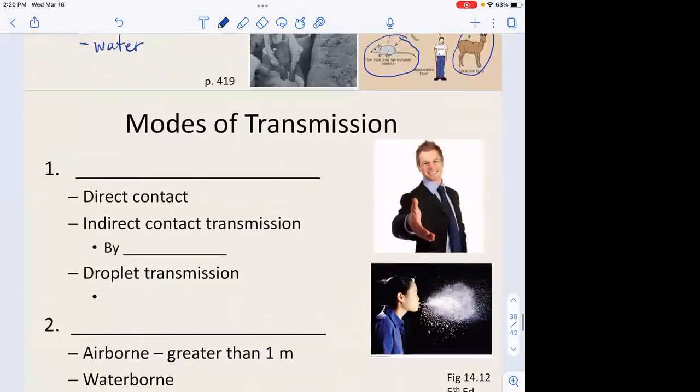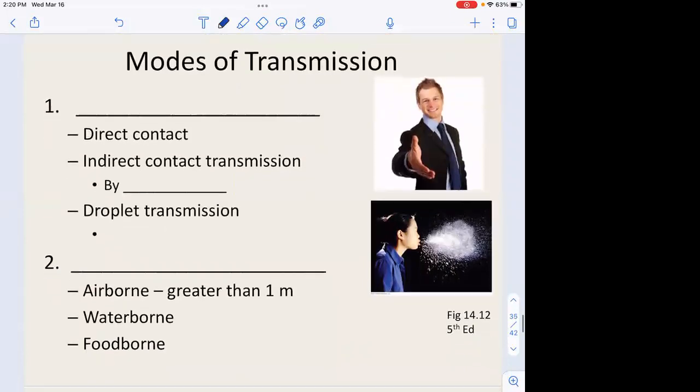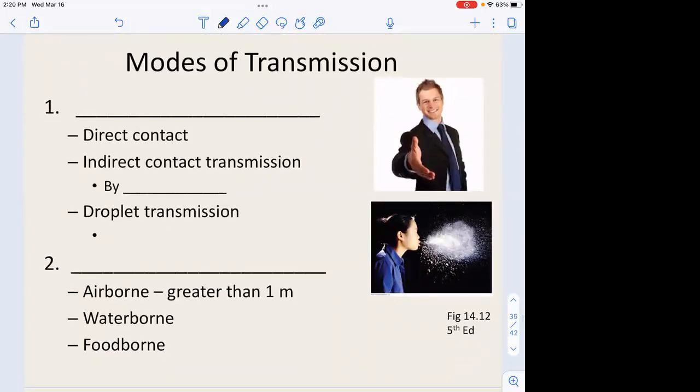So how does that pathogen pass from that reservoir to humans? We talk about different modes of transmission. Okay, so we can have contact transmission. Okay, so a direct contact, you come in obviously direct contact with that reservoir.